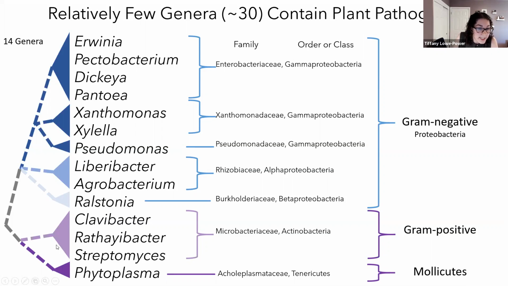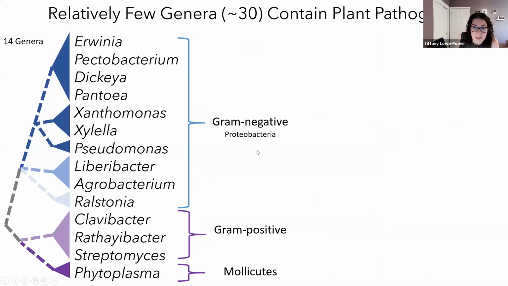They evolutionarily came from gram positives, so they lack a cell wall, and they also only have the single membrane. We're not going to go into details on those, but the poinsettia disease that Dr. Dye talked about in the intro is one of these mollicute diseases. So, gram negatives and gram positives.